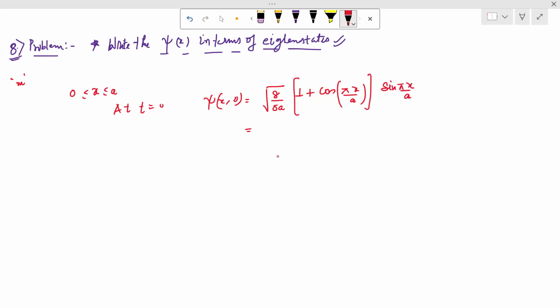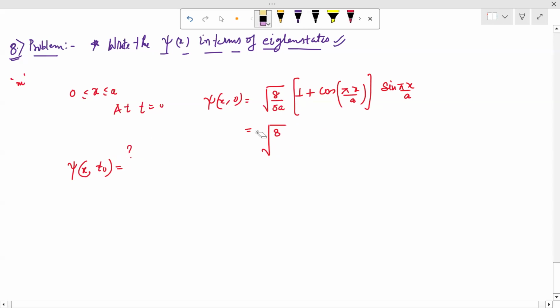If this is given to you, the first thing that we really want to find is, at any later time, let's say t naught, what would the wave function be? We really want to understand how the wave function would look at a different time t equal to t naught. So I know I will have to solve the problem.